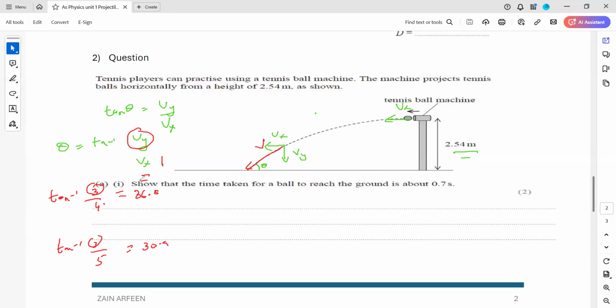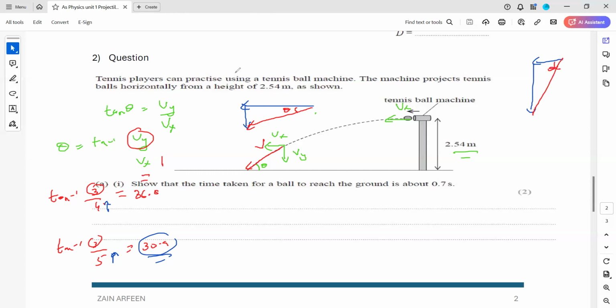So as you can see, as we increase the horizontal component, what happens to the value of the angle? The angle will decrease. If we have a greater horizontal component and a smaller vertical component, and we take the angle of the resultant with the horizontal, this angle will decrease. Because if I draw a smaller horizontal and a greater vertical, you can clearly see the angle with the horizontal will increase.